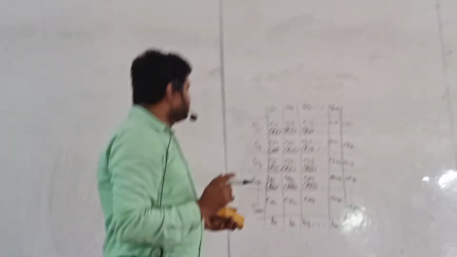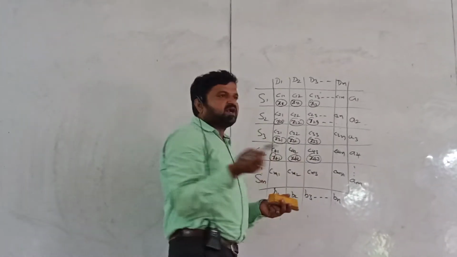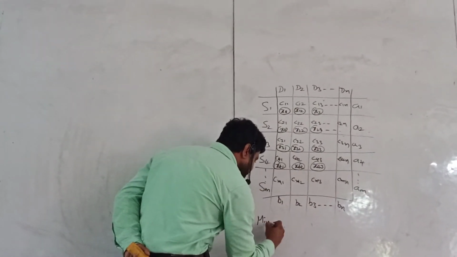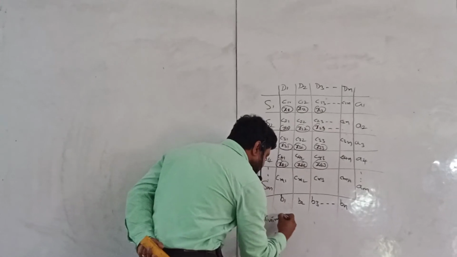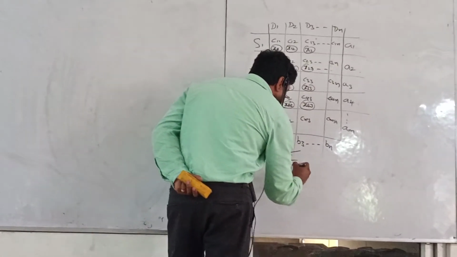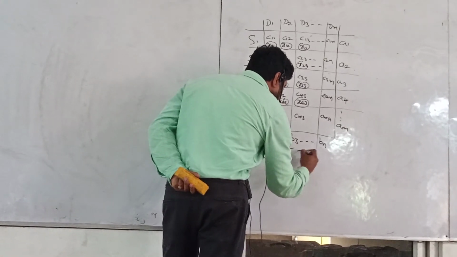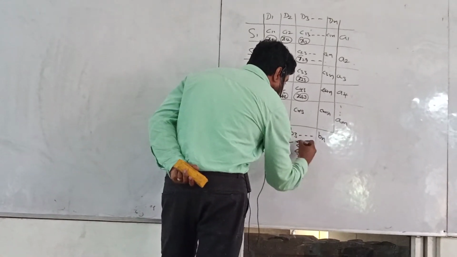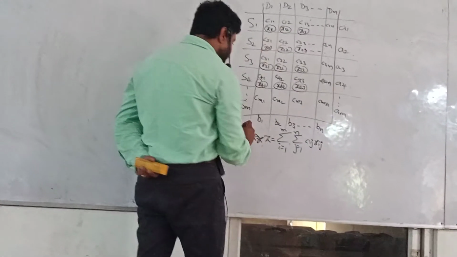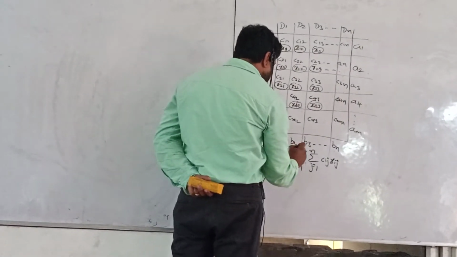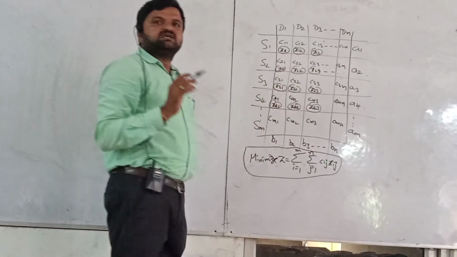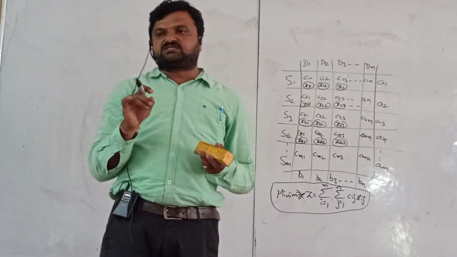Now, how can you find the transportation cost? Minimize Z equals the summation over i from 1 to m, summation over j from 1 to n, of Cij into Xij. This is the formula to find the minimization of cost. Minimize Z means the minimum transportation cost.